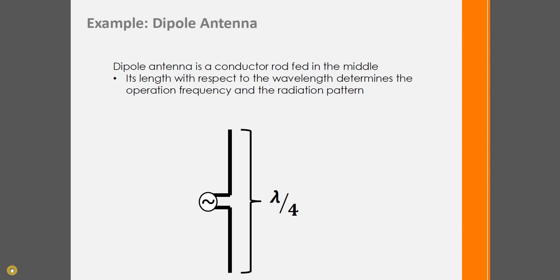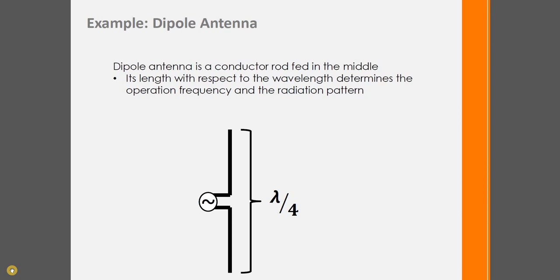So the length of the dipole is critical, and it shows the frequency of operation and the gain of the antenna. If the dipole is lambda over 2, it has the highest gain, and for lambda over 4 we can simulate the antenna parameters.